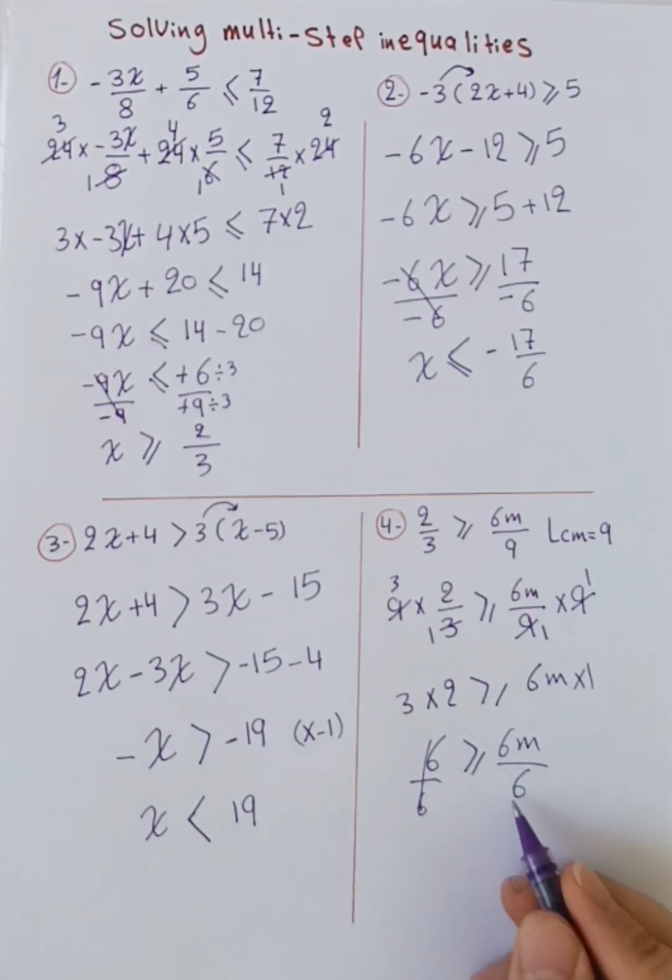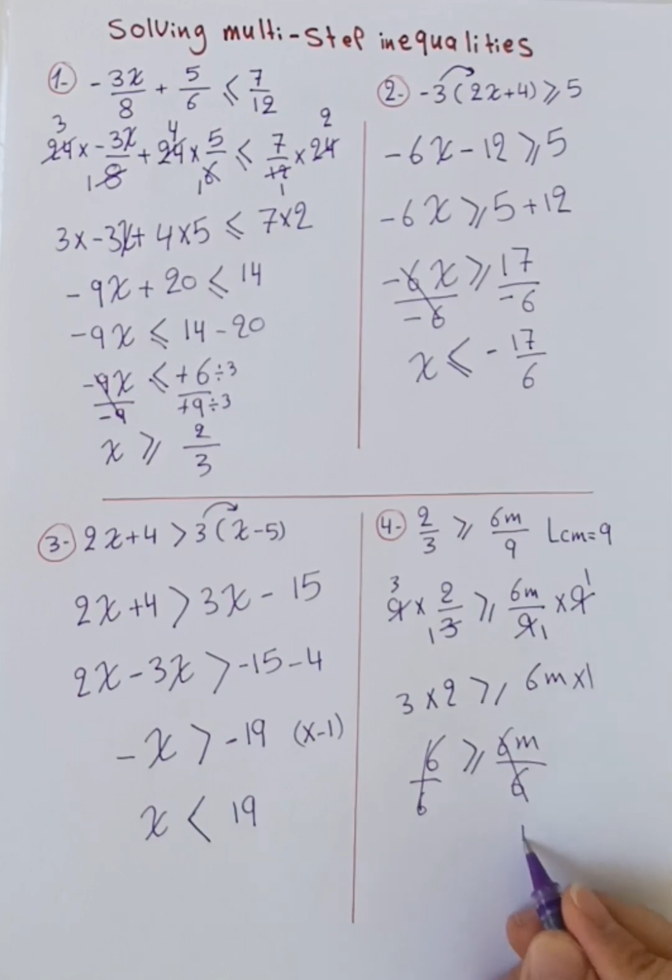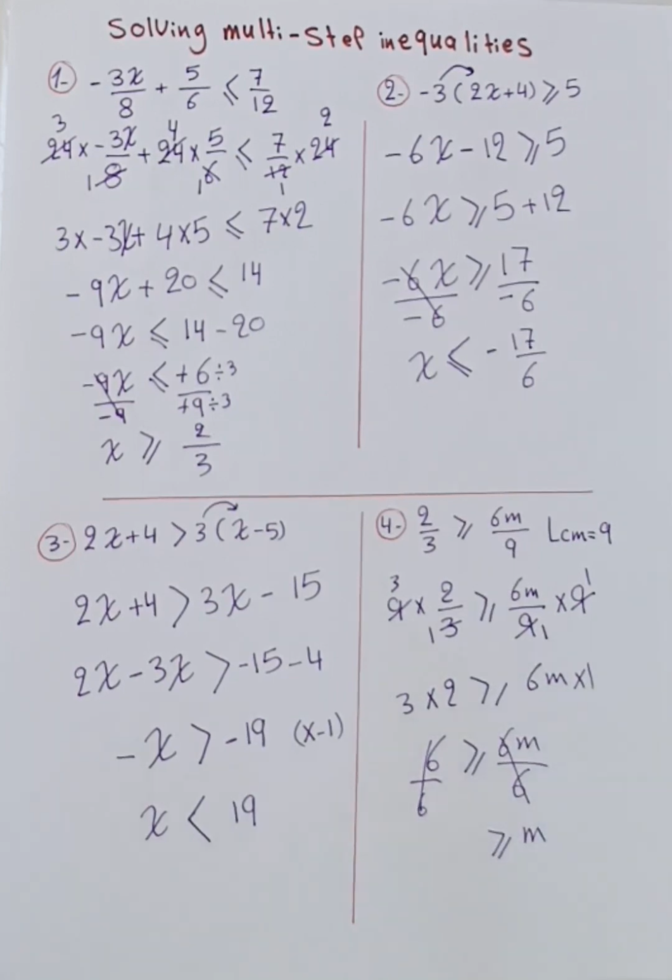These two 6's are reduced, and then these two 6's are reduced. m stays, greater than or equal. So 6 divided by 6 is equal to 1. 1 is greater than or equal to m, or m is less than or equal to 1.